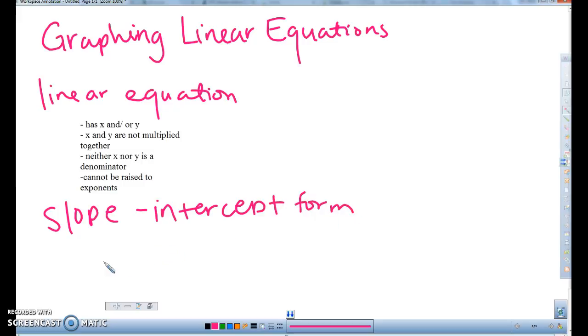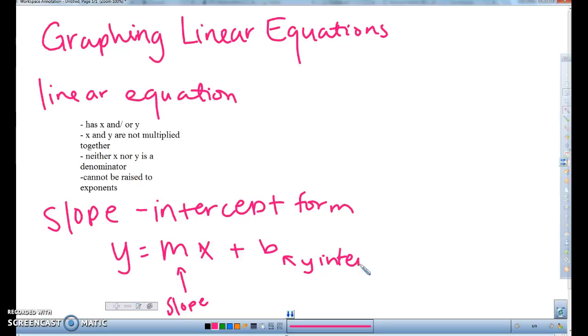Slope-intercept form is the first one, and that means I have y equal to m, the slope, times my x plus b. And b is going to be the y-intercept. What does y-intercept mean? Well, that's just where the line crosses the y-axis.